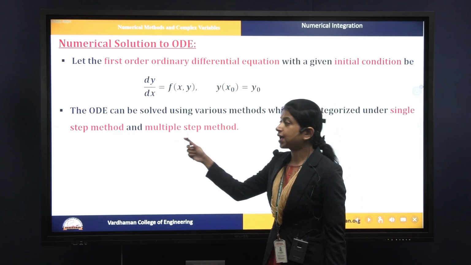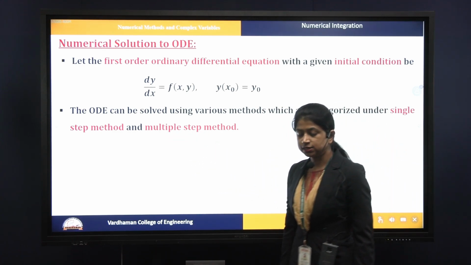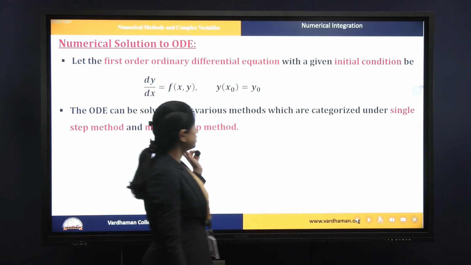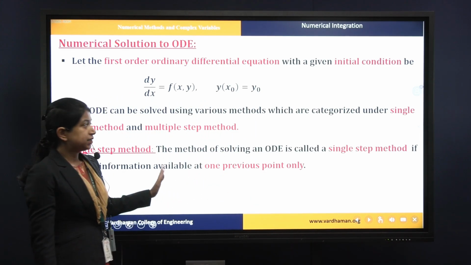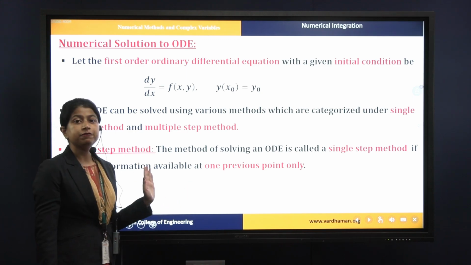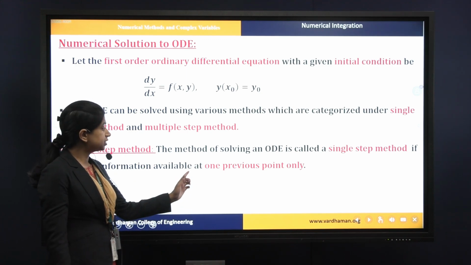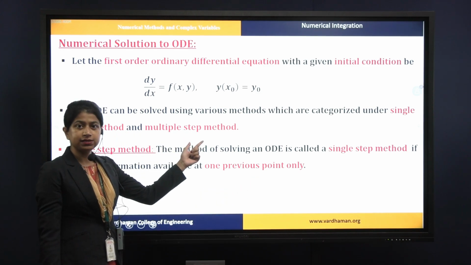The ODE can be solved using various methods which are categorized as single step method and multiple step method. What is single step method? The method of solving an ODE is known as single step method if it uses the information at one previous point only. What will be multiple step method?